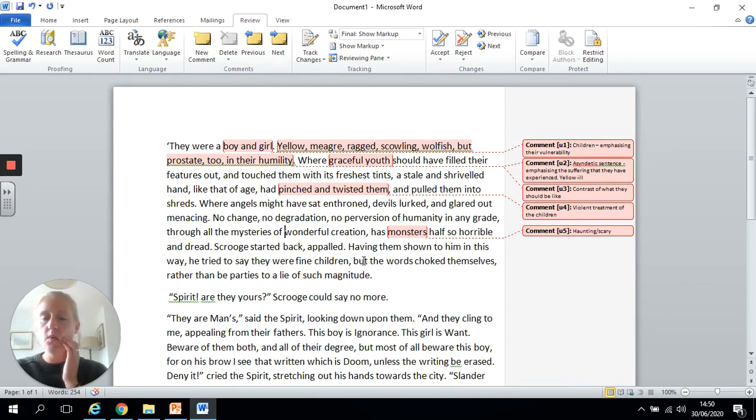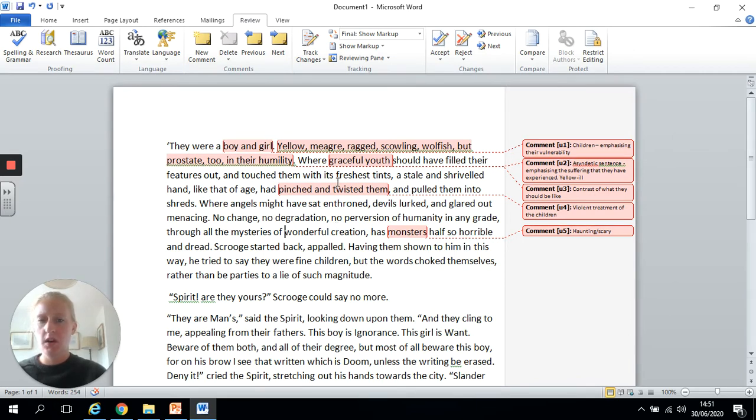So looking at the work that you wrote for me on Monday, some of the things I was saying for a number of you, the EBIs, was discussion of structure. So if we think about this stave, we've had some quite positive experiences of Christmas, and then we've got a stark contrast to the experiences that these children of ignorance have experienced.